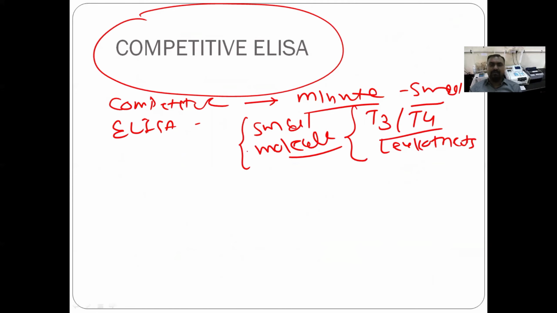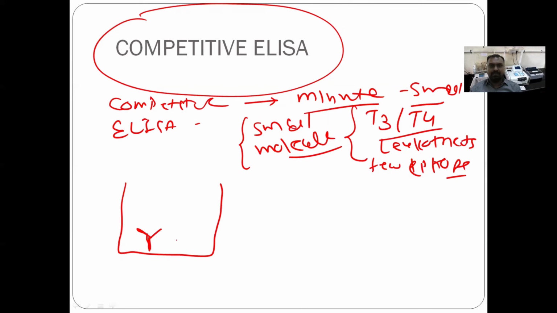Okay. So for that, because it does not have many epitopes, it cannot bind with the antibody like in sandwich ELISA, which requires multiple epitopes. But here there will not be so many epitopes. So the scientists have discovered that here the plate is captured with the antibody.